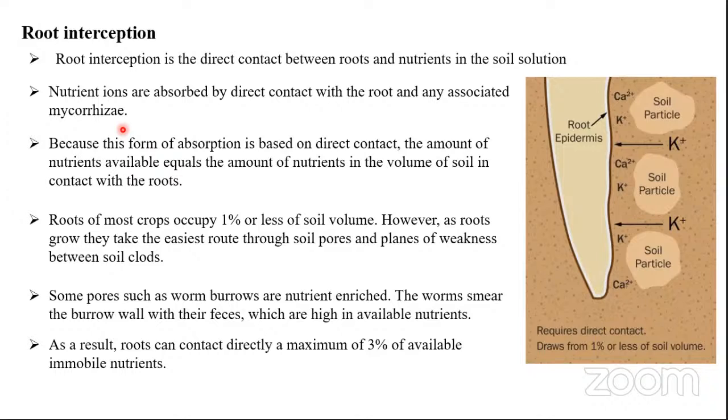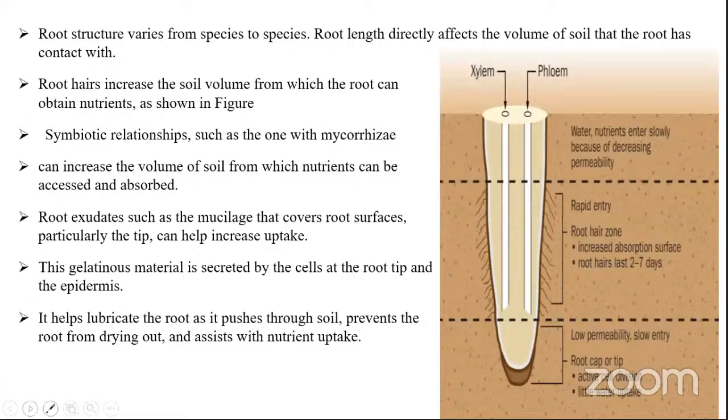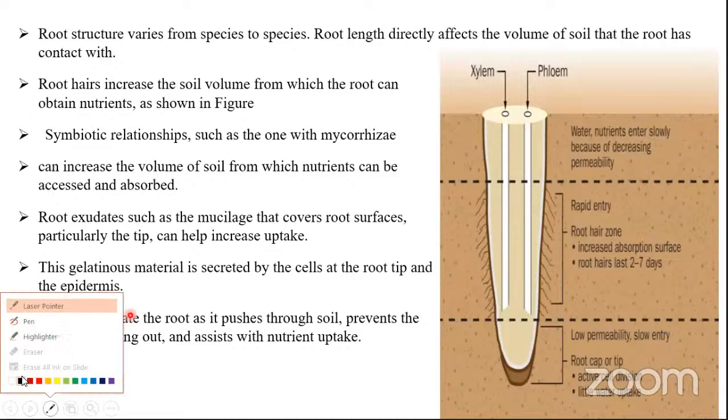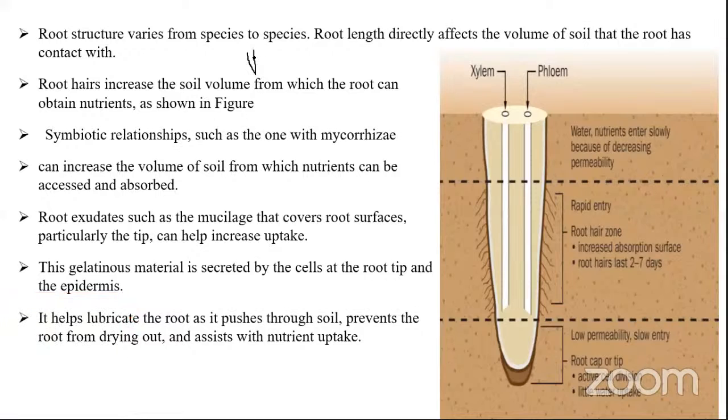And this mycorrhizae improves the root surface area because it has some hyphae. For example, if I give a small explanation, just imagine here I'm drawing this is a root, and the mycorrhizae makes a host, a symbiotic association.